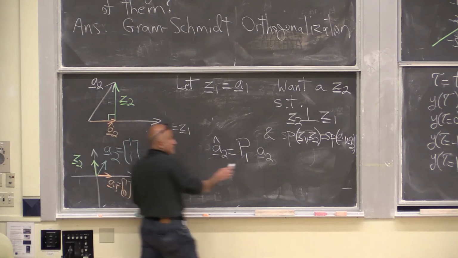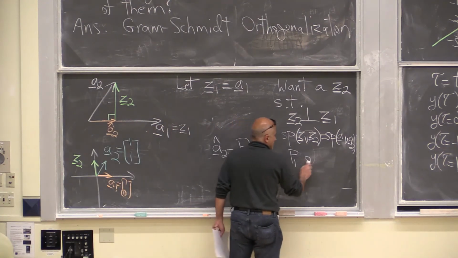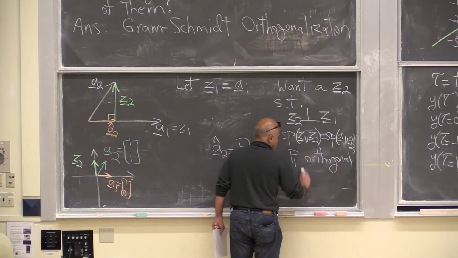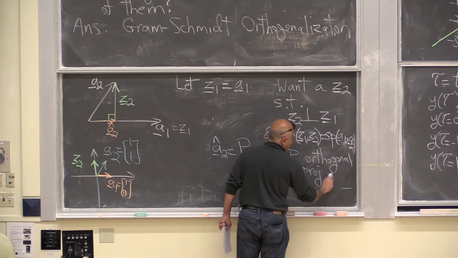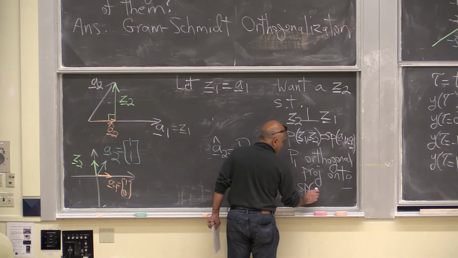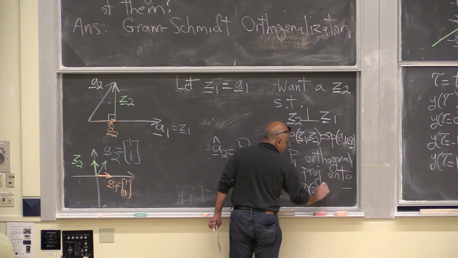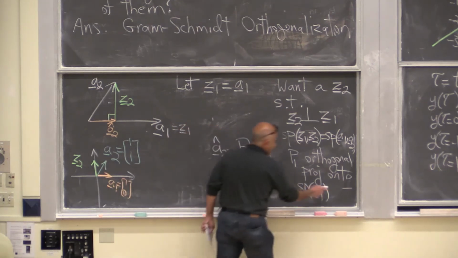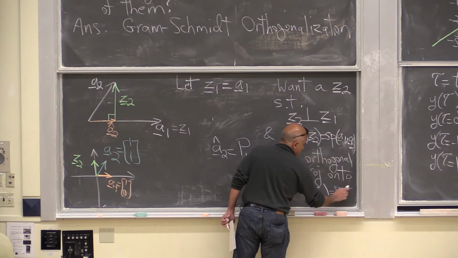This is the orthogonal projection onto the span of a1, which is the same as the span of z1, because a1 and z1 are the same.